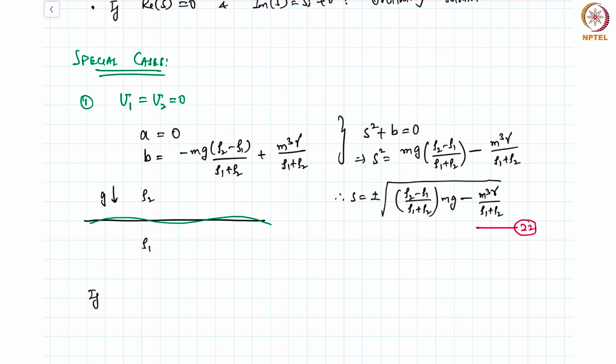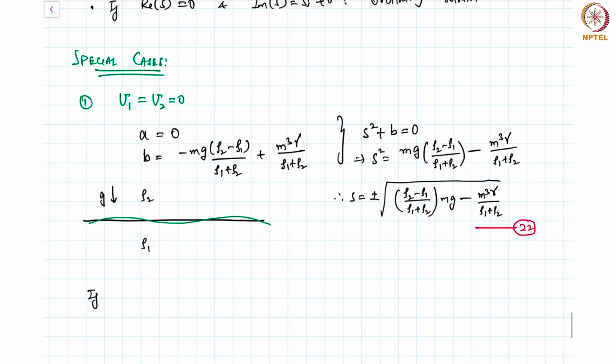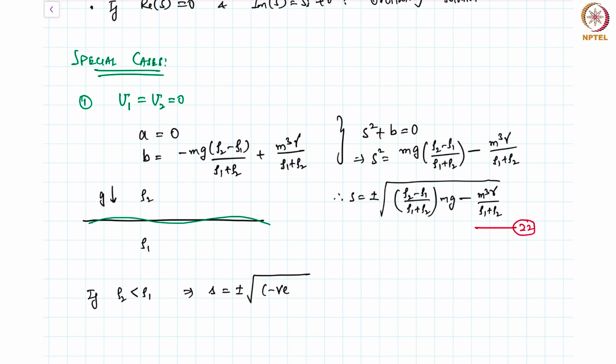Now, if rho 2 is less than rho 1, right? If the upper fluid is lighter, then S is nothing but plus or minus the square root of a quantity which is always negative. Because notice that it is rho 2 minus rho 1. If rho 2 is less than rho 1, the first quantity is negative.